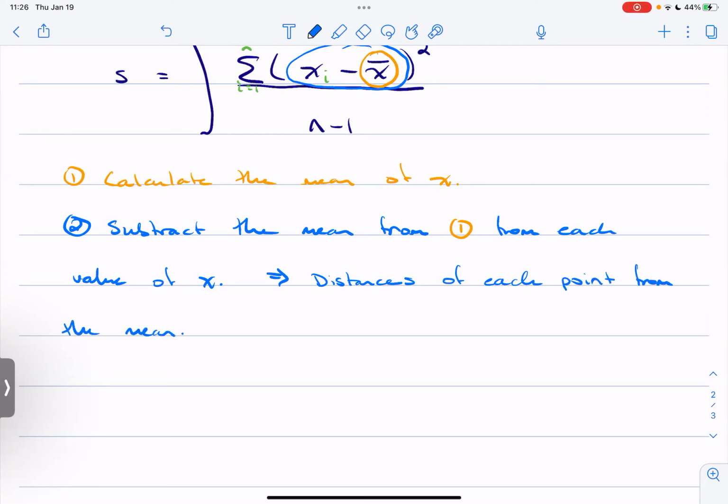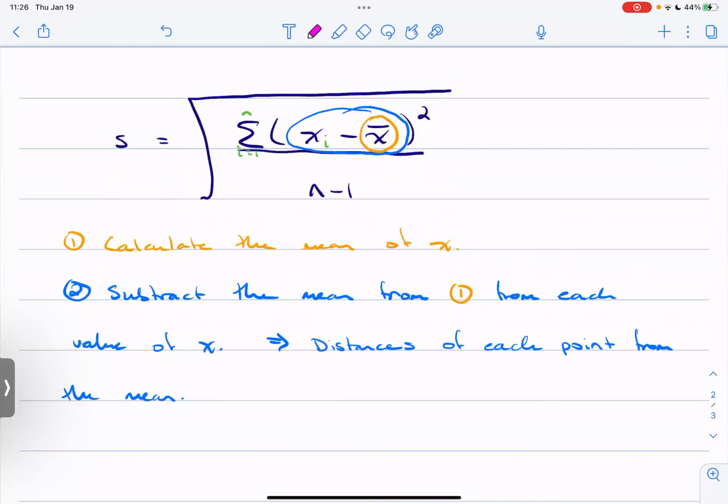The standard deviation is a measure of spread, and so now we're starting to see that it's based off of these distances from the mean, but then we do some manipulations on top of that. The next thing we're going to do is take each of those values and square them.